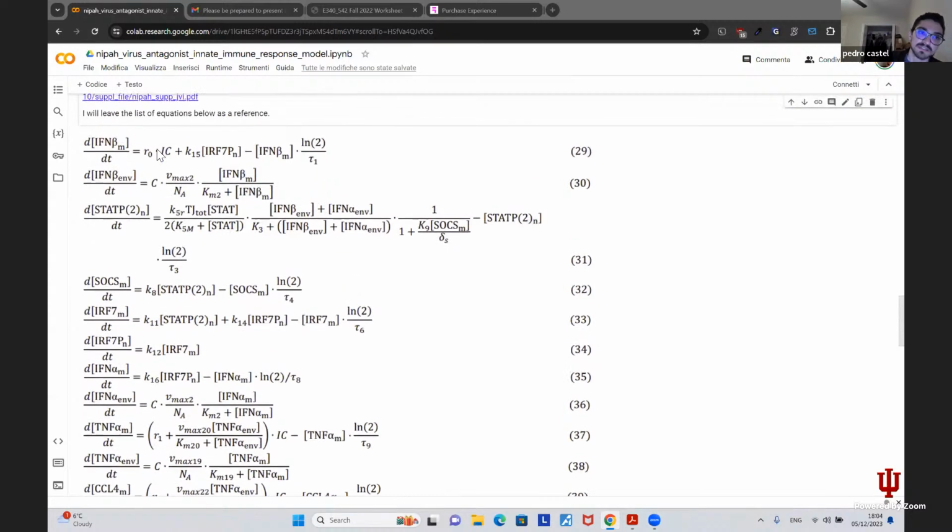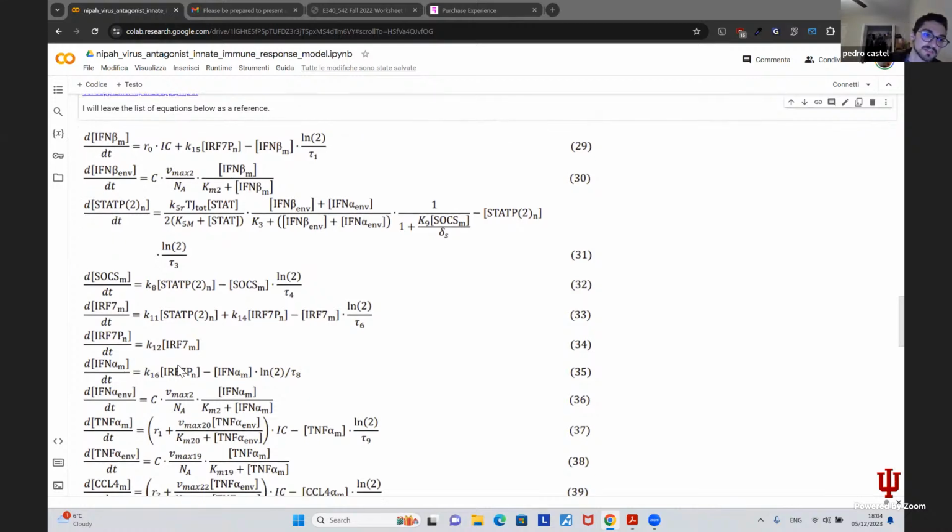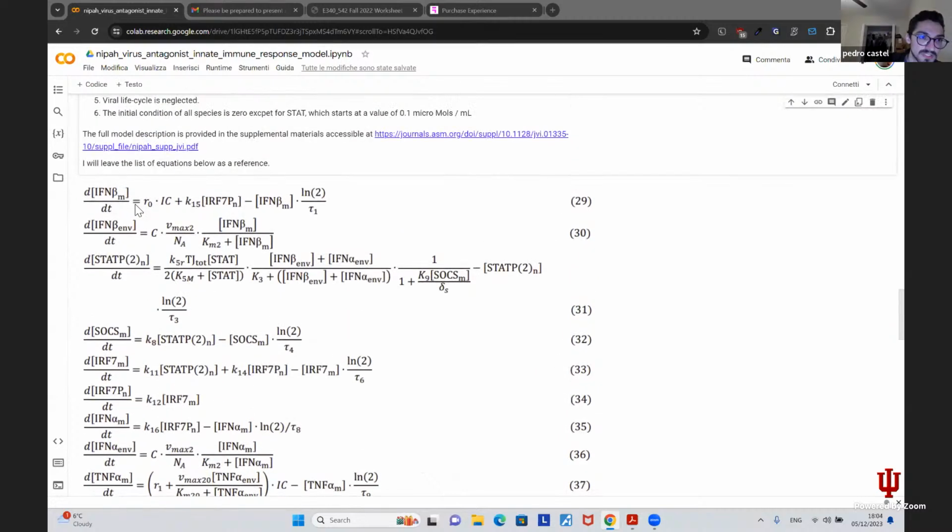The other stuff is like mRNA of interferon beta will produce interferon beta. So eventually here, with interferon beta, you see this Michaelis-Menten, it's just producing interferon beta, which is automatically released in the environment and secreted.